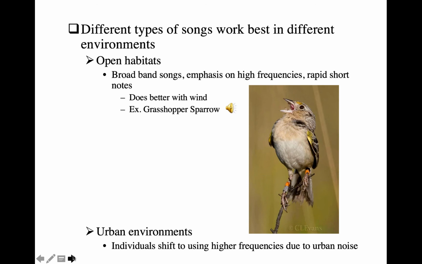These tend to do better in wind because the vocalization is just repeated over and over again, such that if a gust of wind comes by, that same vocalization can be transmitted to the listener if they just listen long enough. Bits and pieces of it will come through with breaks in the wind. So a great example of that is a grasshopper sparrow.